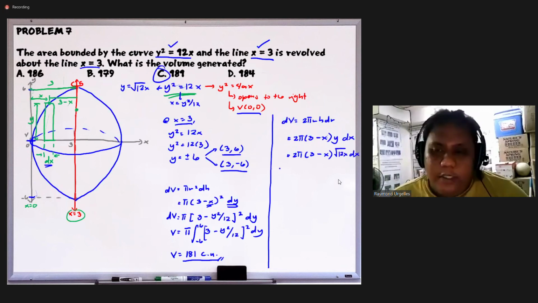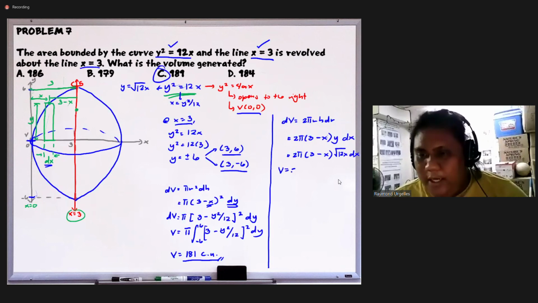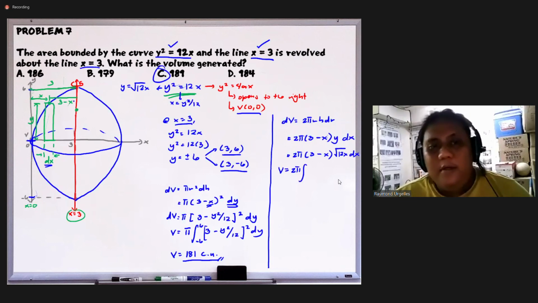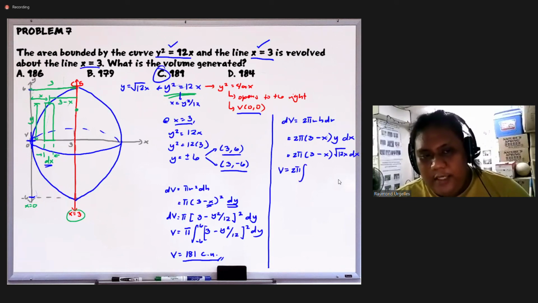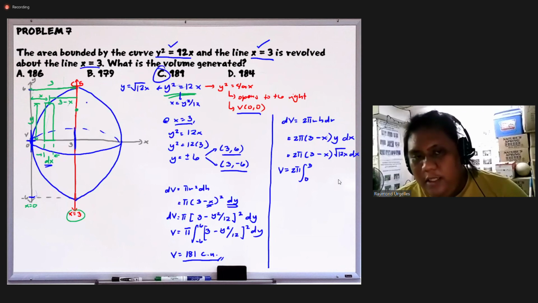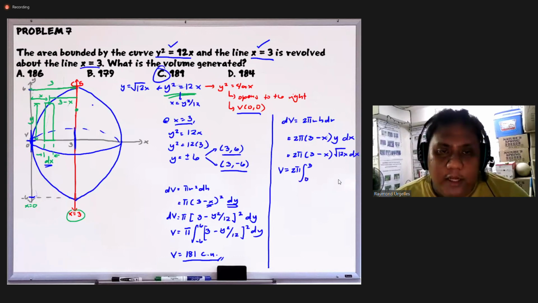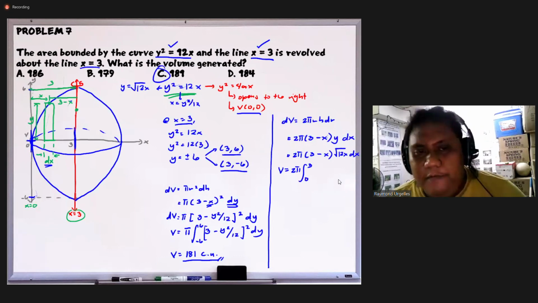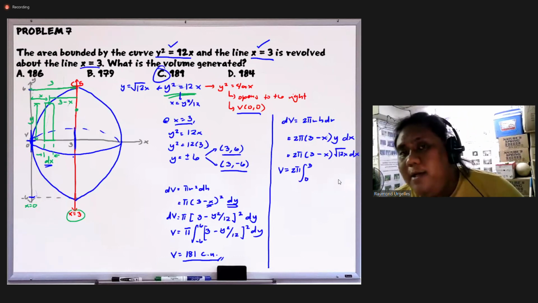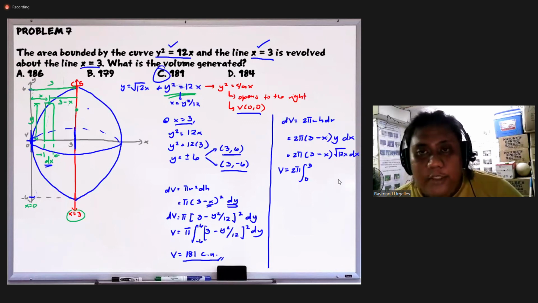Then to solve for the volume, integrate lang natin yan. Dito, magsisimula tayo sa x is 0 hanggang sa axis of revolution lang, kaya from 0 to 3 lang. Kasi pag lumampas tayo dun sa 3, meron na yung kapartner dun sa kabila. Kumbaga pag ni-revolve natin yan with respect to the axis of revolution, madodoble yung cylindrical shell natin.